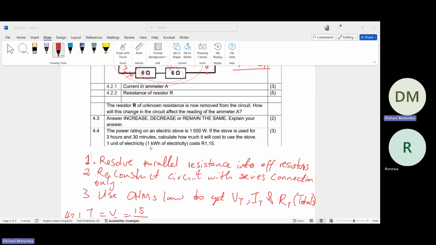One unit of electricity will cost 1 rand 15 cents. Okay, we are given this question. Where do we start, Romeo?